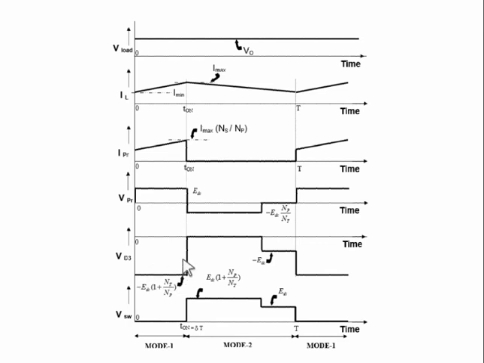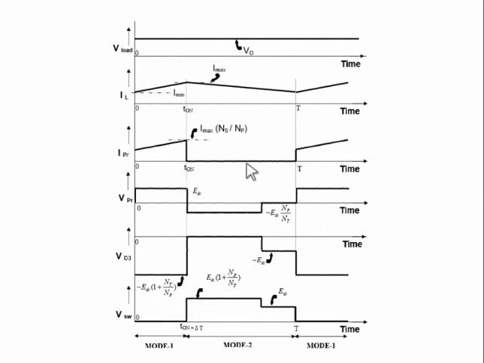This is the waveform of the voltage across the diode, and this is the waveform of the voltage across the switch. When the switch is turned on, its two terminals are short circuited, so no voltage appears across the switch. When the switch is turned off, the voltage across the switch is equal to the input voltage plus this negative voltage, which is added to the input supply. So we get a higher value compared to the input voltage.